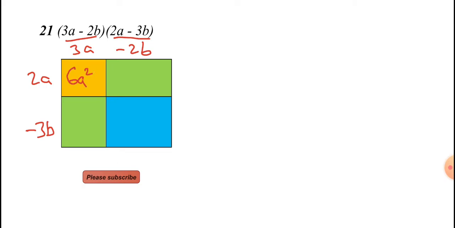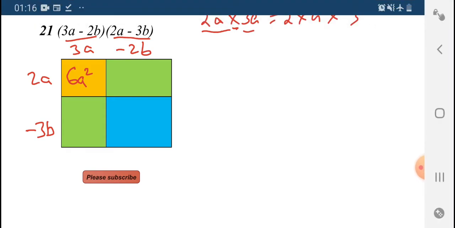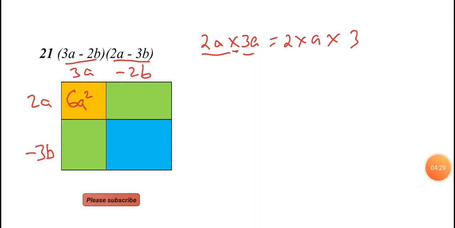To explain that a little bit more, 2a times 3a is the same as saying 2 times a, times 3 times a, so 2 times 3 is 6, a times a is a squared, so the answer is 6a squared.